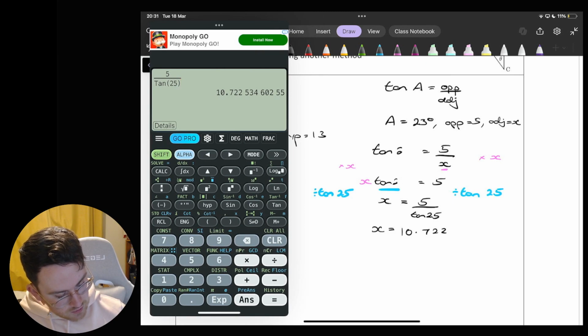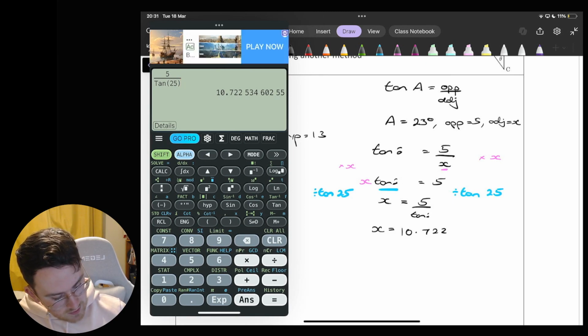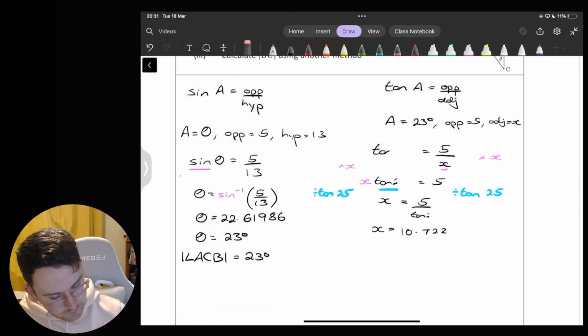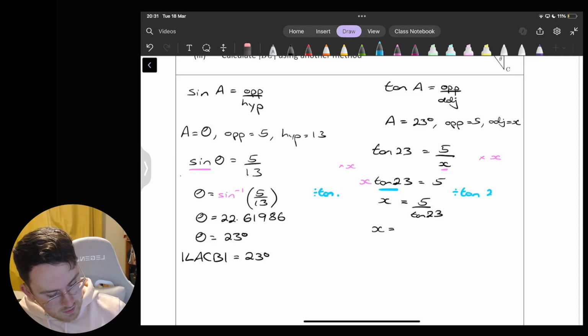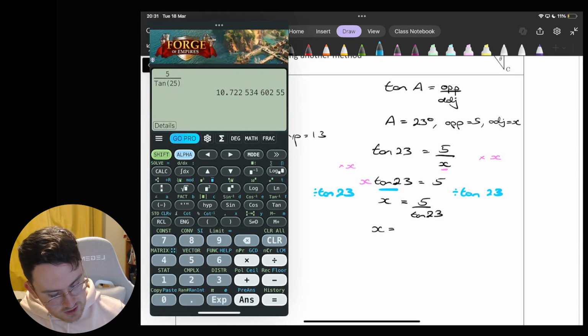That's my fault for my messy writing here. Let me just fix that up very quickly: 23, and let's change that up there also. And there we go, much better.